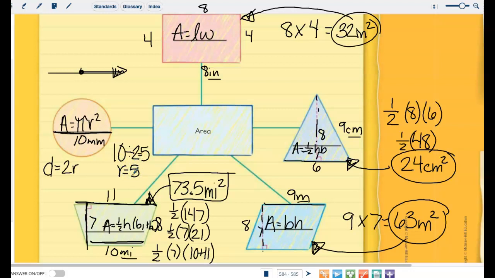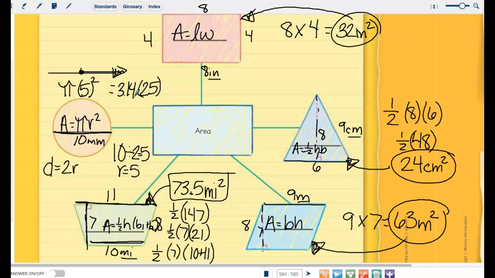Now I substitute that into my formula. Pi times my radius, which is 5 squared. 5 times 5 is 25. And then I take that times pi, which we're going to use 3.14.